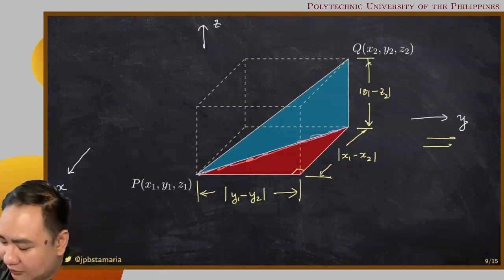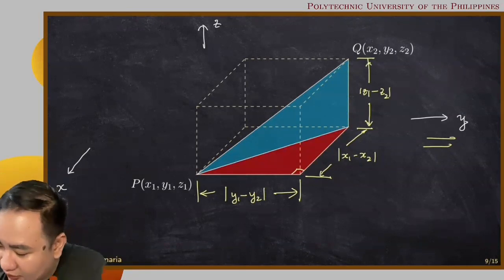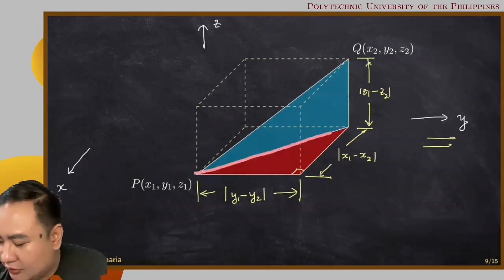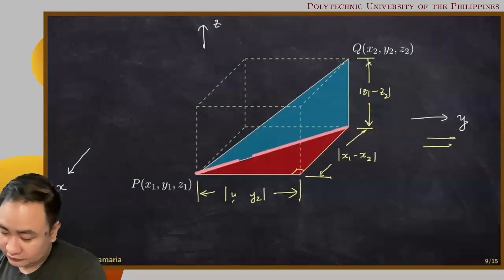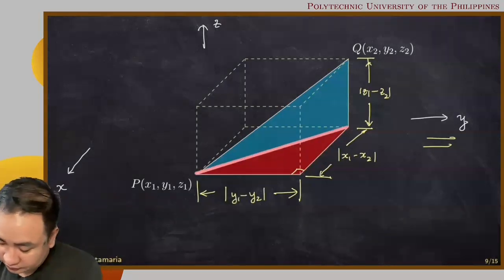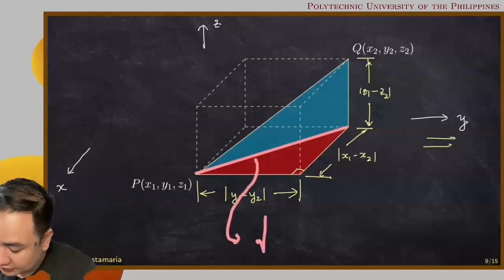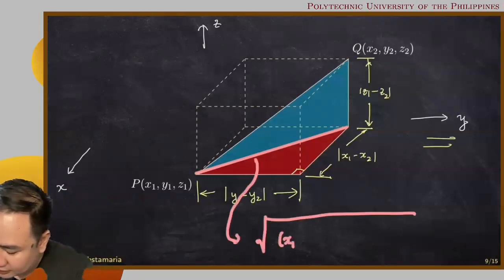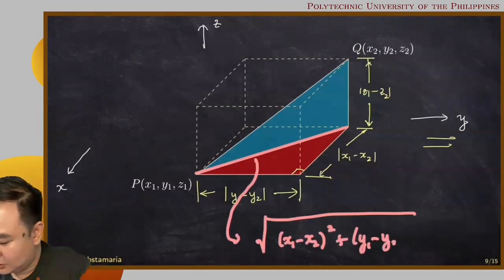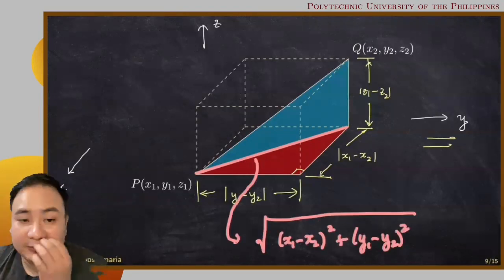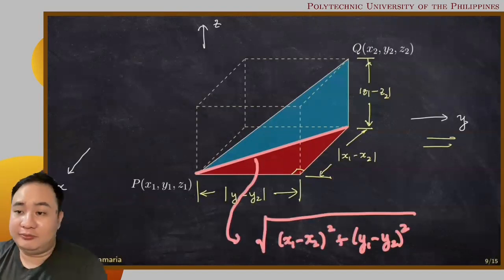The length of that is the square root of (x1 minus x2) squared plus (y1 minus y2) squared. I used the Pythagorean theorem there.